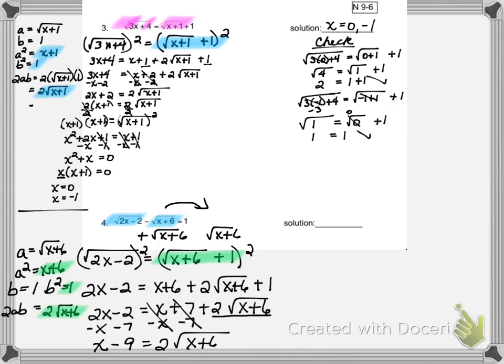Now here's where this 2 does not divide very evenly into that, so we're going to leave it where it is. Let's write under here what we've got so we can start a new bit. We have x minus 9 is equal to 2 times the square root of x plus 6.